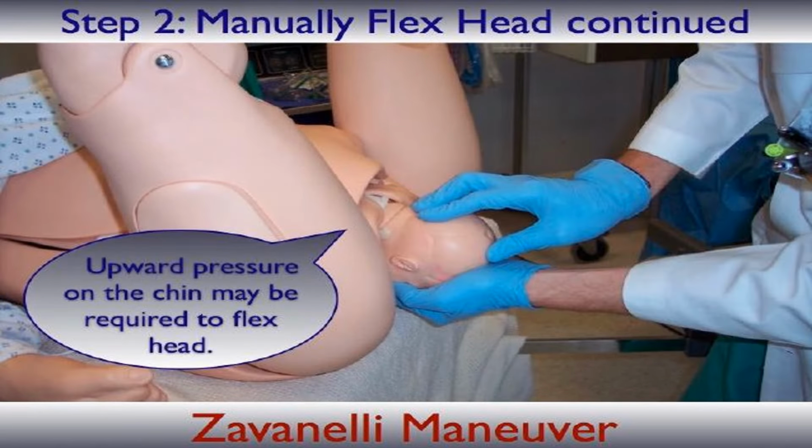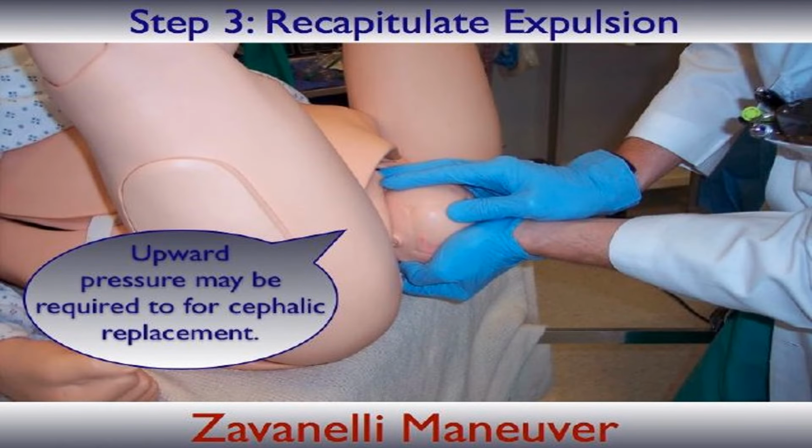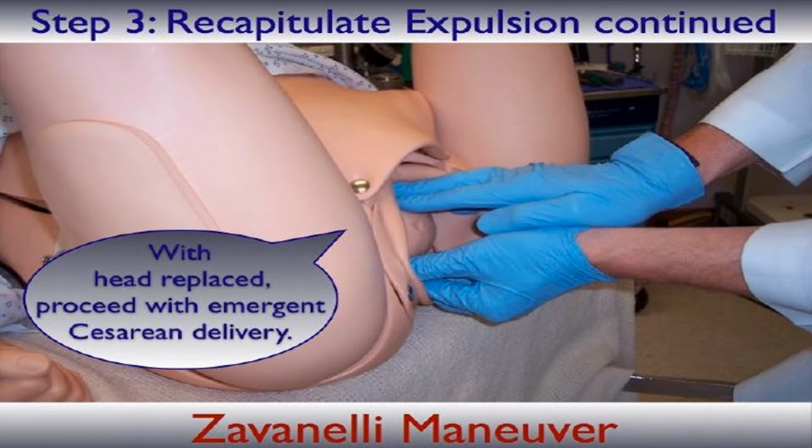Then gently the head is flexed and tried to be replaced in the pelvis. Once the head is completely replaced in the pelvis, it is followed by an emergency caesarean delivery.